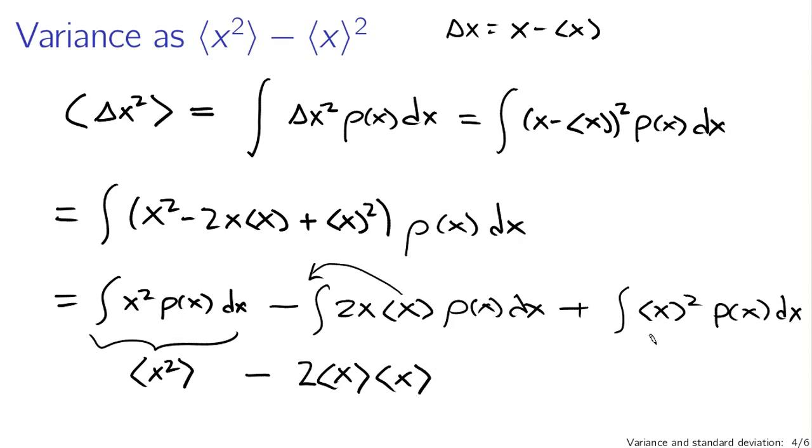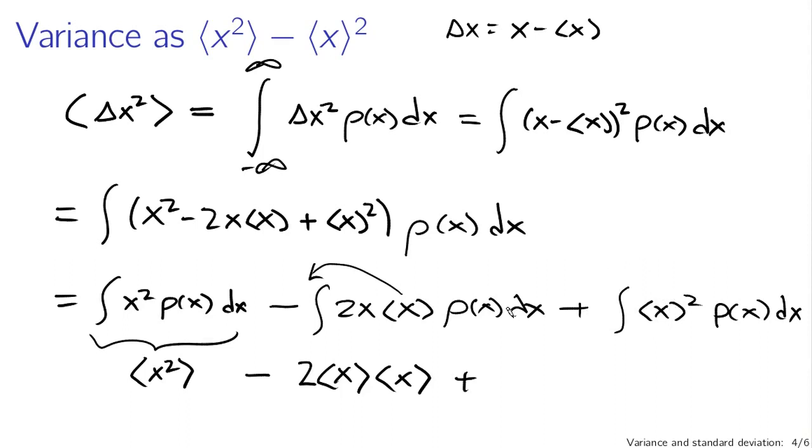This integral, again, this is a constant, so I can pull it out front. And when I do that, I end up with just the integral of rho of x dx. And we know the integral of rho of x dx over the entire domain. I should specify that this is the integral from minus infinity to infinity now. All of these are integrals from minus infinity to infinity. The integral from minus infinity to infinity of rho of x dx is 1.